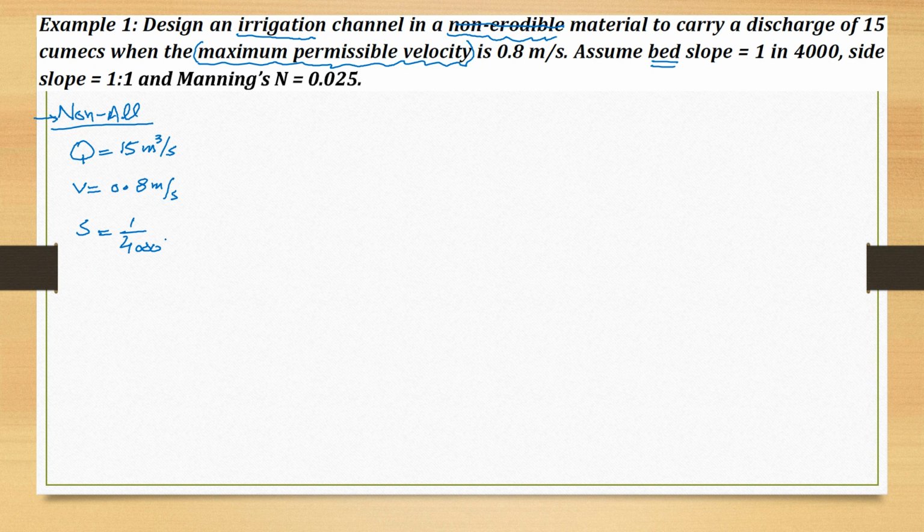It means if we move 4,000 meters in horizontal direction, we will have a vertical distance of 1 meter. And side slope is given as m, that is 1:1, equal to 1. And Manning's roughness coefficient n is equal to 0.025. So we have five values: Q, V, S, m, and n.